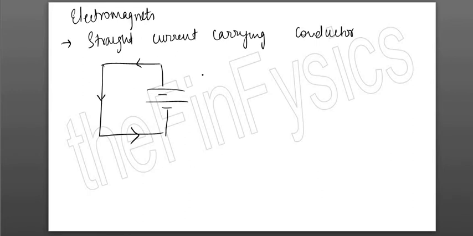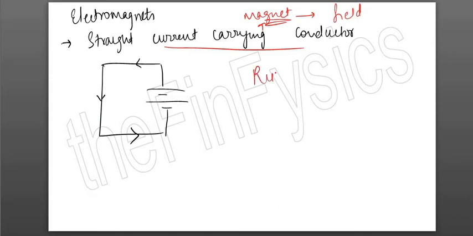Now you have to remember that wherever there is a conductor carrying current, that will behave like a magnet. Since it is behaving like a magnet, it will have its own magnetic field lines. The field lines of a straight current carrying conductor are given by the right hand thumb rule.